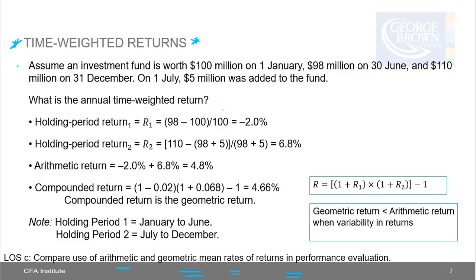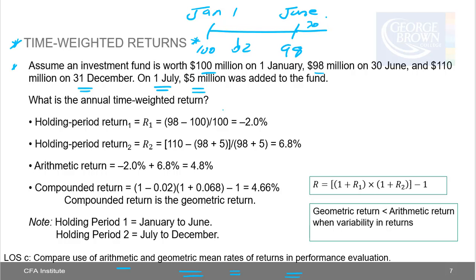Anyhow, we're going to assume an investment fund is worth $100 million on January 1st, $98 million on 30th of June, $110 million on 31st December. However, on 1 July, $5 million was added to the fund. So I like to draw my timeline. Here I've got January 1, the fund is worth $100 million. On June the 30th, the fund has gone down by $2 million, and the fund is worth $98 million.